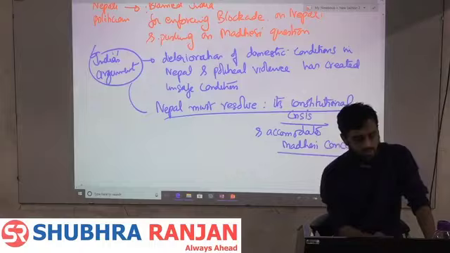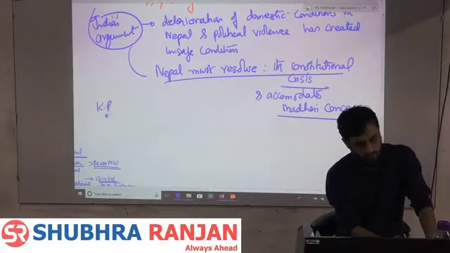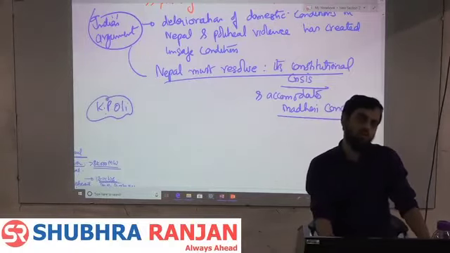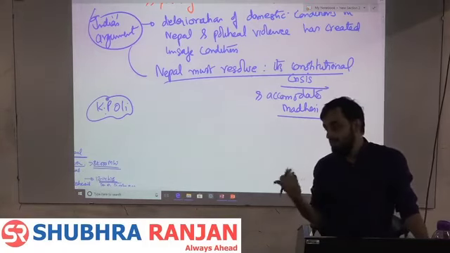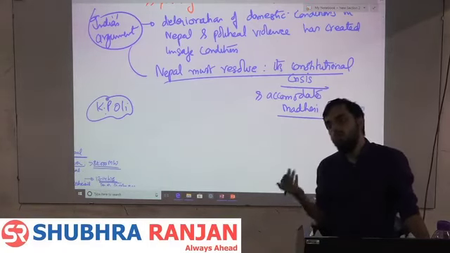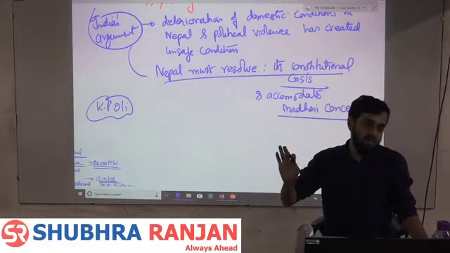Nepali Prime Minister at this point of time was KP Oli. And this blockade lasted for a good more than 2.5 to 3 months, and because of this the oil prices in Nepal skyrocketed, LPG prices in Nepal skyrocketed.